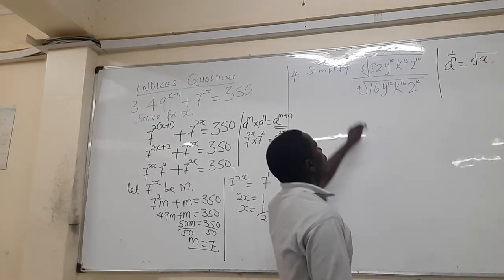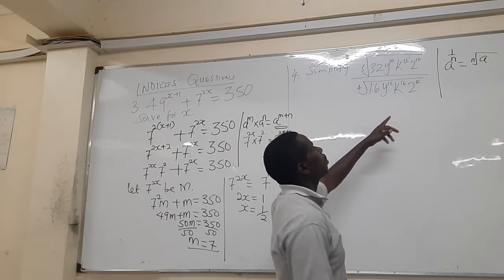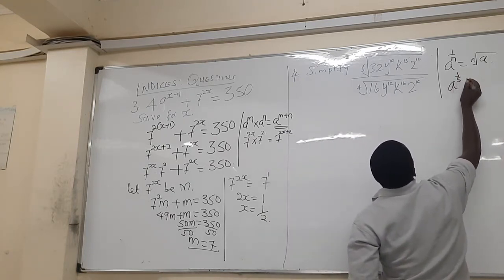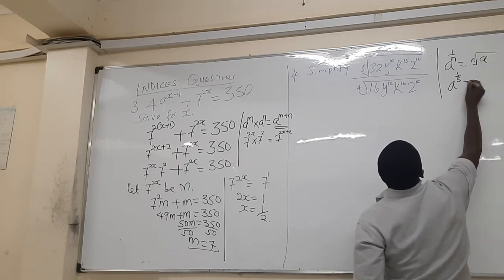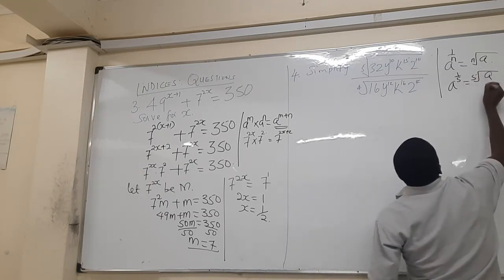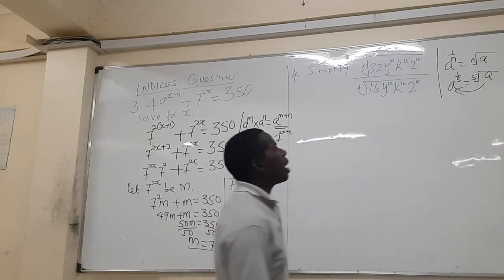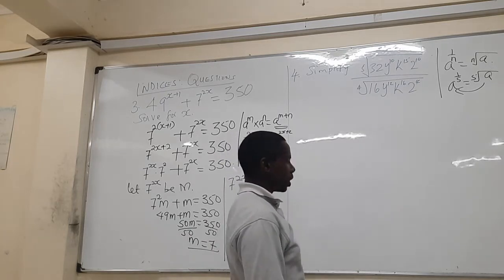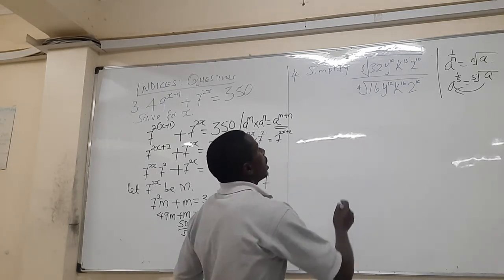Meaning now, if you have the fifth root here, we can simply go back to this case here. If we have a power 1 over 5, this is the same as what? The fifth root of a. So we can simply go back to that format and write the fifth root and the fourth root in terms of the fraction. Let's do it.